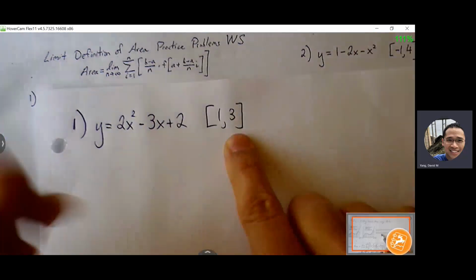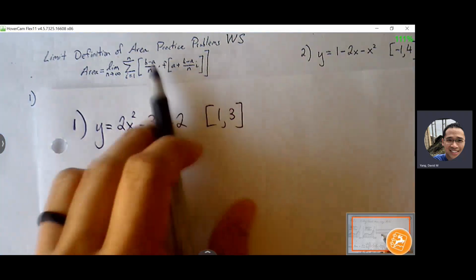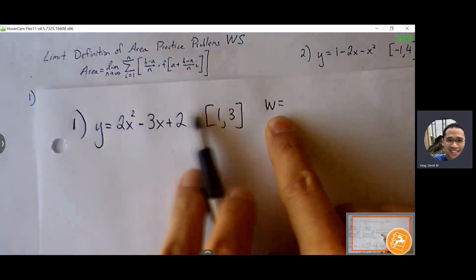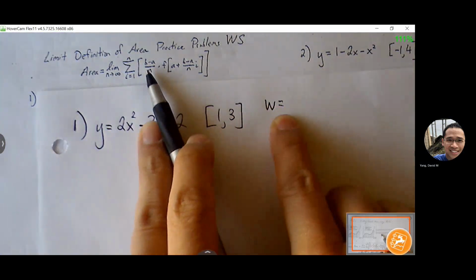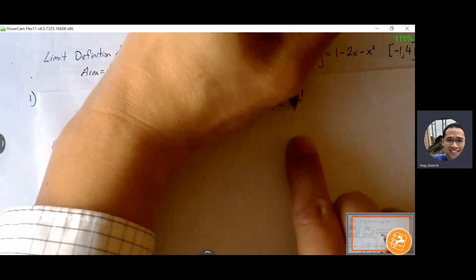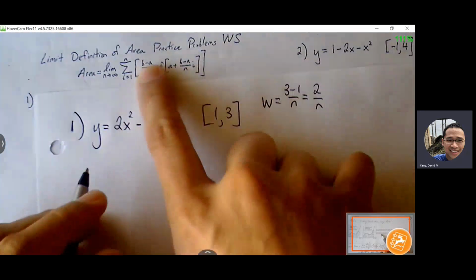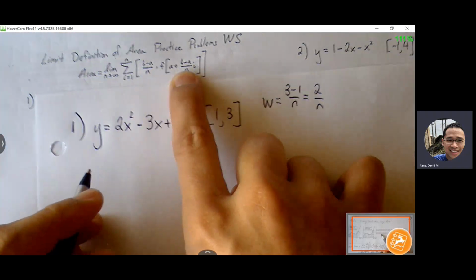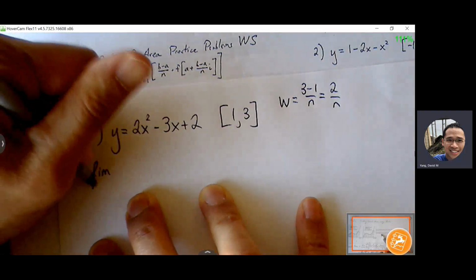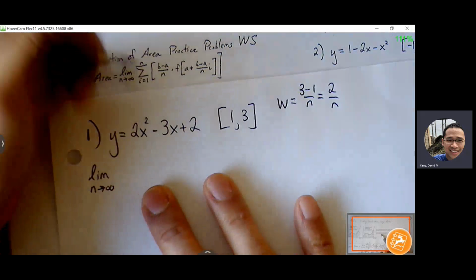All right, let's go ahead and find the width so that we don't have to put it into the formula and we just have it ready to go. Okay, what's the width going to be? 3 minus 1 over n, which is what? 2 over n. Yeah. So let's just go ahead and put 2 over n in for all the b minus a over n. And then we can begin to get that f parentheses out of function notation.